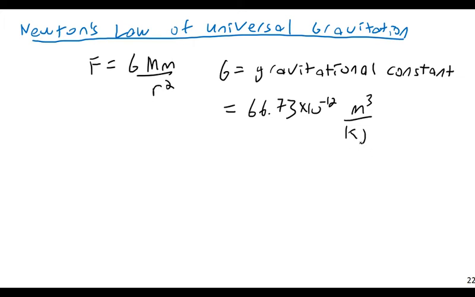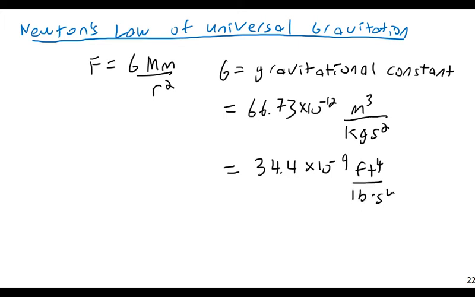Of course, Newton wouldn't know what any of these units were, so he might use something like 34.4. He might actually be using the centimeters slug system or something. If I was using a pound system, I could say 34.4 times 10 to the negative 4, or 10 to the negative 9, foot to the fourth divided by pound seconds to the fourth.